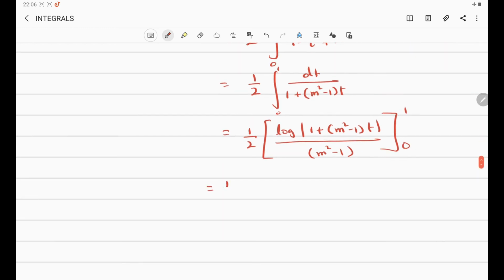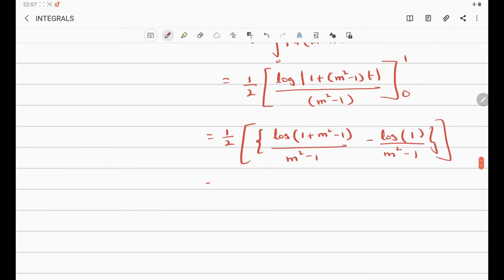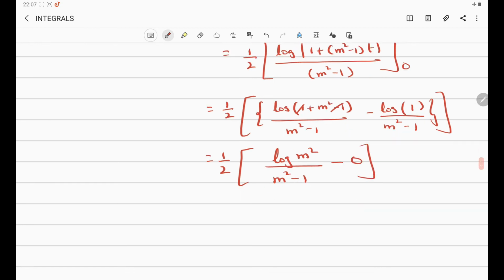So we get this as half times substituting the upper limit, we get log of 1 plus m square minus 1 into 1, so 1 plus m square minus 1, by m square minus 1, minus log of, if we put this as 0, we get log 1 by m square minus 1. So we get this as half into minus 1 plus 1 gets cancelled, log of m square divided by m square minus 1 minus 0, because log 1 is 0.